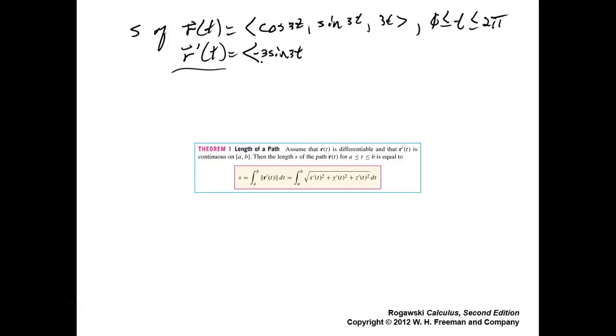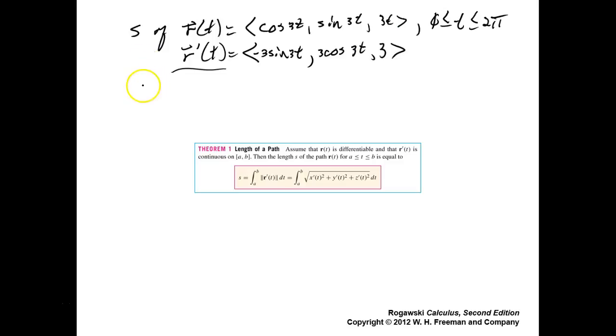Derivative of the outer function is negative sine, and the derivative of the inner function is 3. I thought you were squaring it already. Sorry. Okay, comma, 3 cosine 3t, comma 3. And that's the same limits.